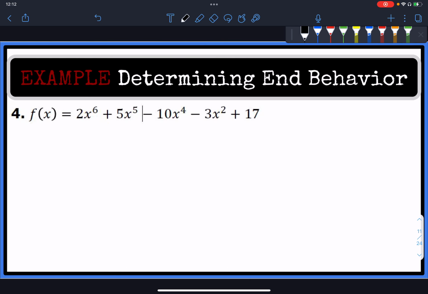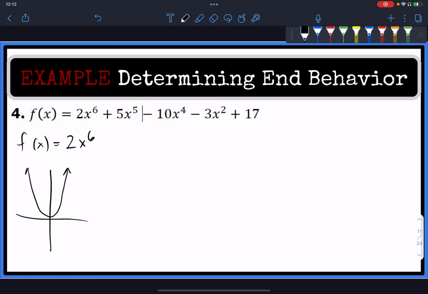And this last one here, this polynomial will behave like the power function 2x to the 6. And 2x to the 6 is like a u, where the two ends are pointing upwards because this is a positive number and this is an even exponent.